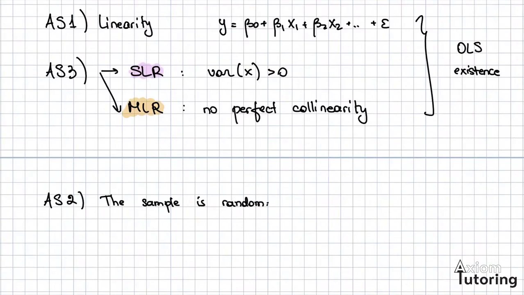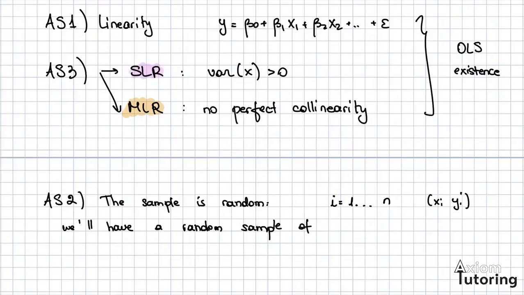Meaning that if you have i from 1 to n, and you've got both xi and yi, we'll have a random sample of the population generated by some data generation process, basically, that looks like y being some function of x, and then the noise.